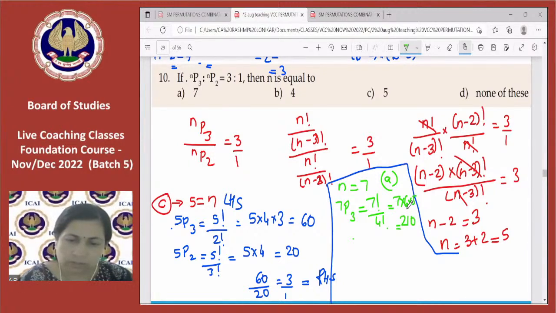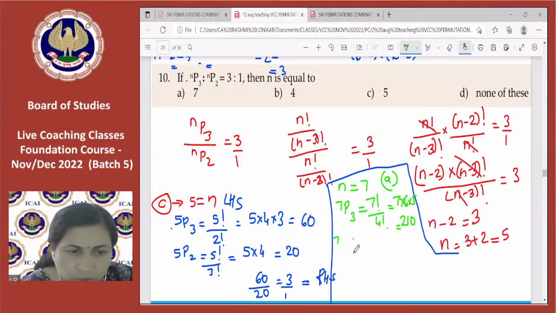And 7P2, which is equal to 7 factorial upon 5 factorial, which is equal to 7 into 6, which is equal to 42.